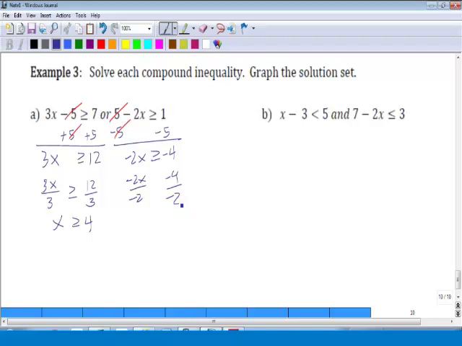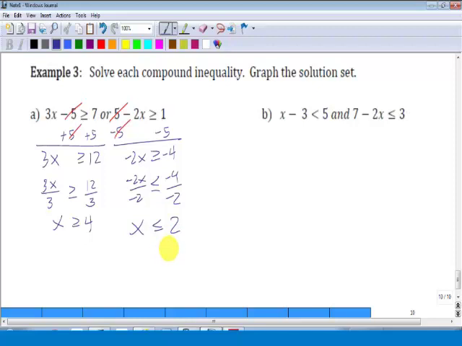If I just put a line under the negative 2x and the negative 4 and divide both sides by negative 2, that inequality really needs to be erased and reversed at the moment that happens. So an extra fresh copy of the negative 2x and the negative 4, no need to erase the inequality symbol above, just write the new correct one up underneath. So x could be less than or equal to 2.